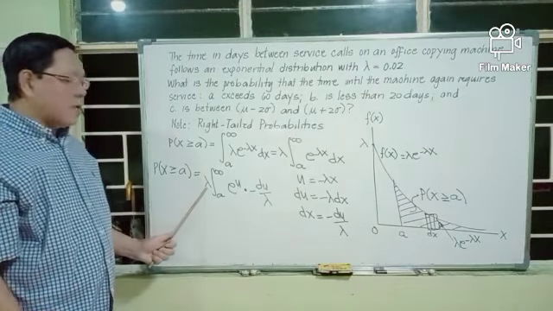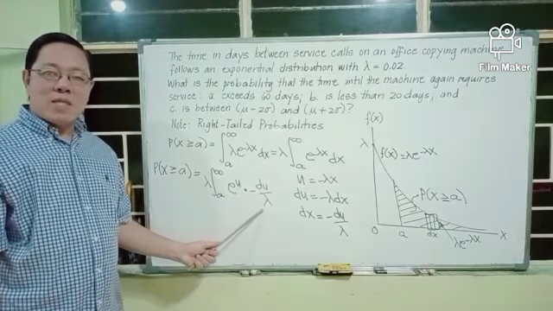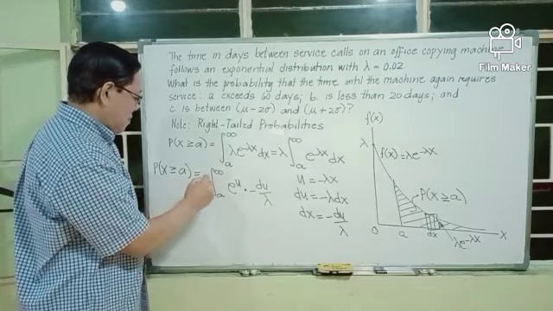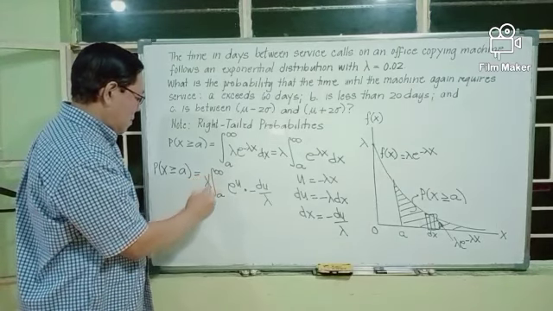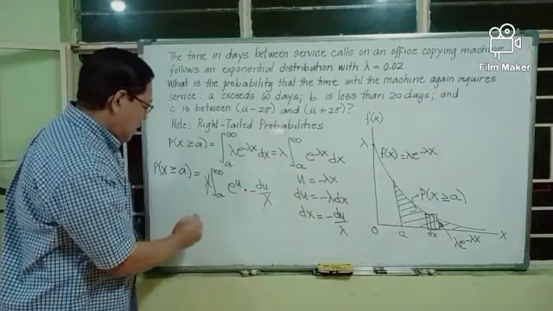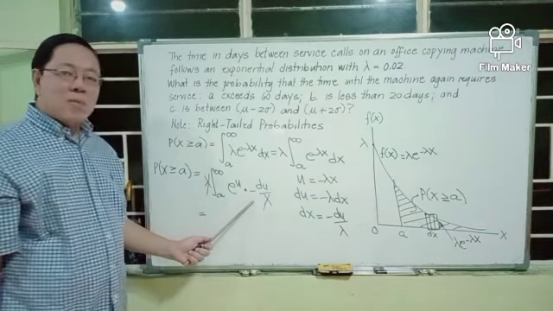And minus lambda over lambda will cancel out, and negative 1 is a constant.